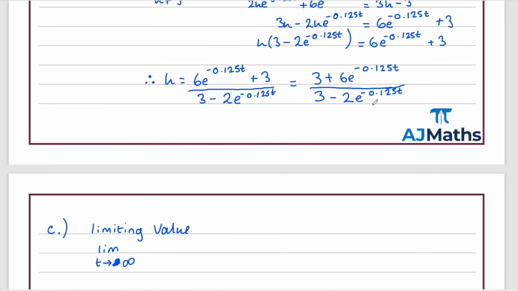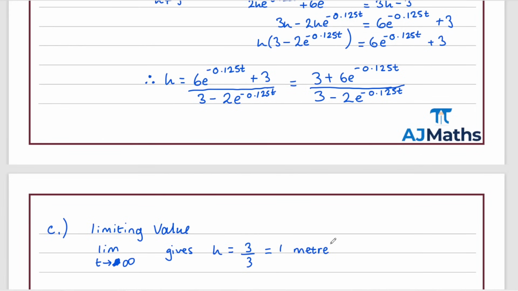The same is true here because the e is to the same power. So this bit here would also tend to 0. In other words, this bit will just disappear, and this bit will also disappear. So what I get left with for h is h equals 3 over 3, which is equal to 1. So we get left with 1 meter eventually in the tank.